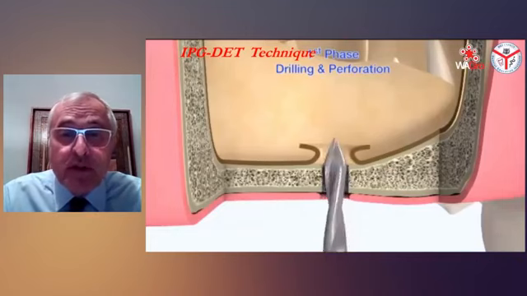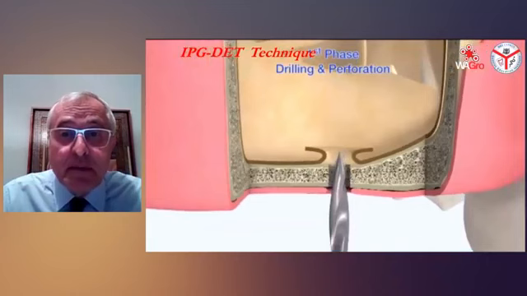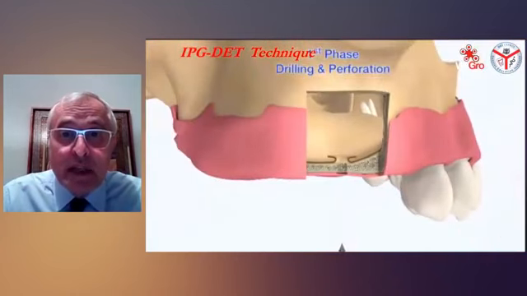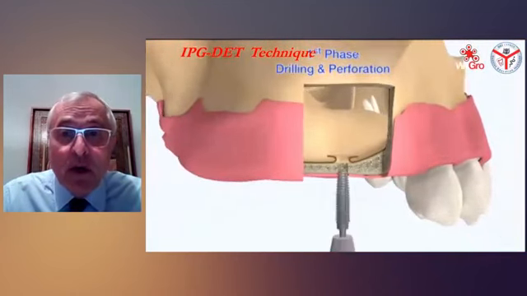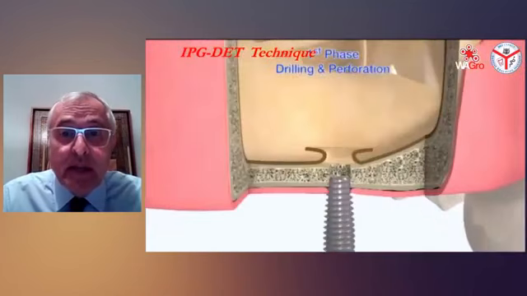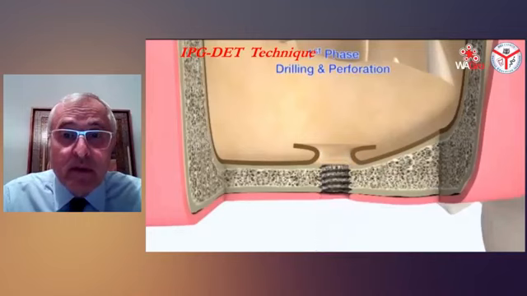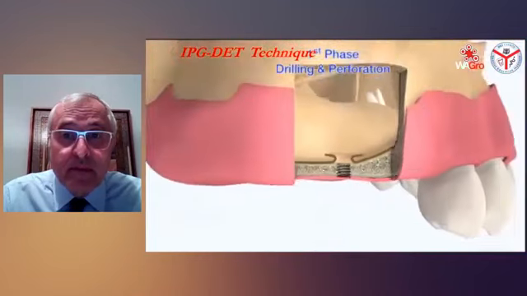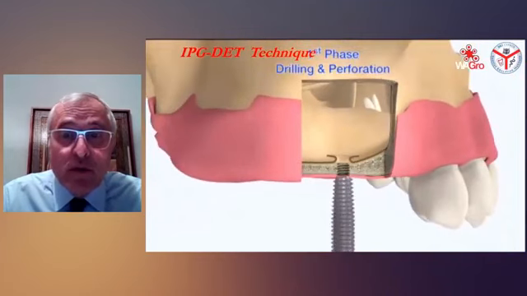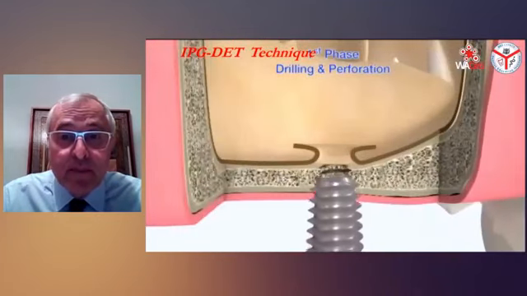We go with the first or the second drill, perforate the membrane, and we use a condenser. But always of less dimension than the implant dimension. It's very important. Because we like to use the implant like a screw.